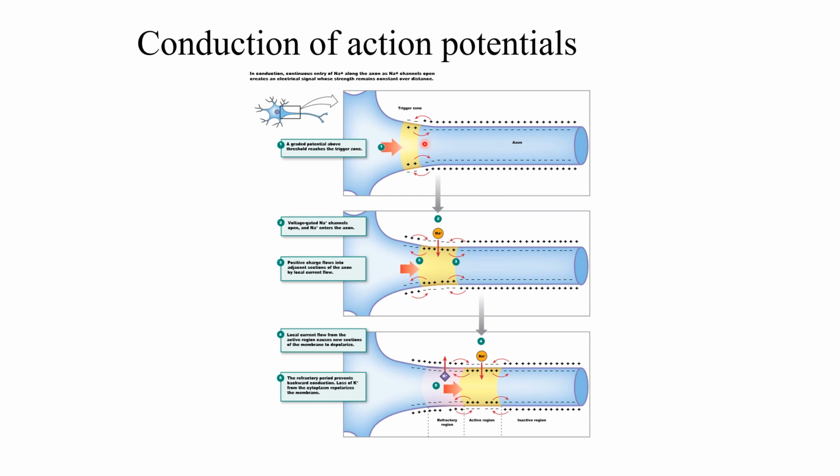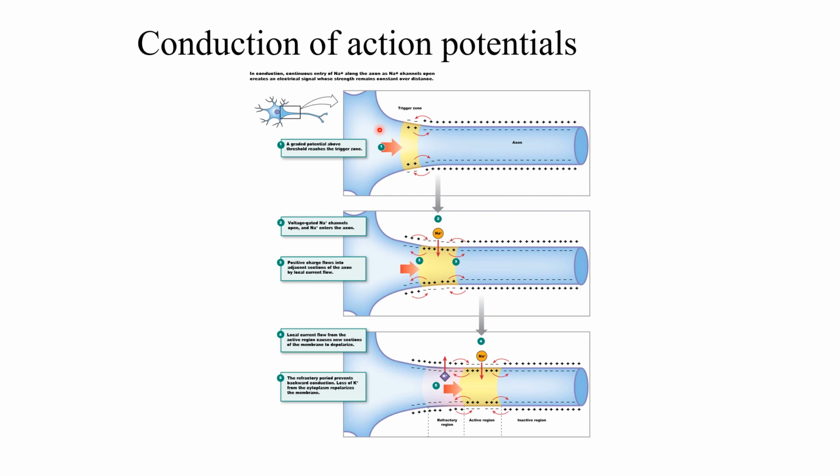For an action potential to run down an axon, we first have to make sure that the graded potential has maintained its strength, or has maintained that threshold of -55 millivolts.